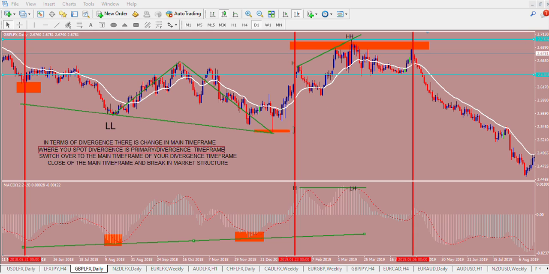How to confirm your divergence. You want to spot your primary time frame. Let me edit this.